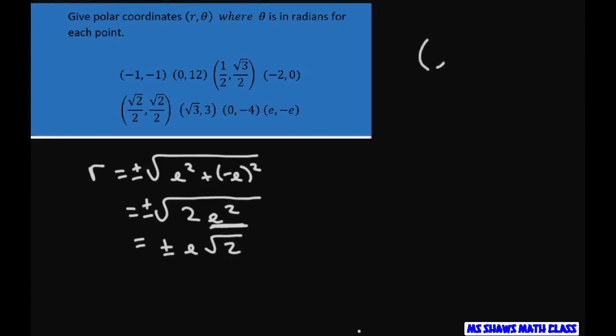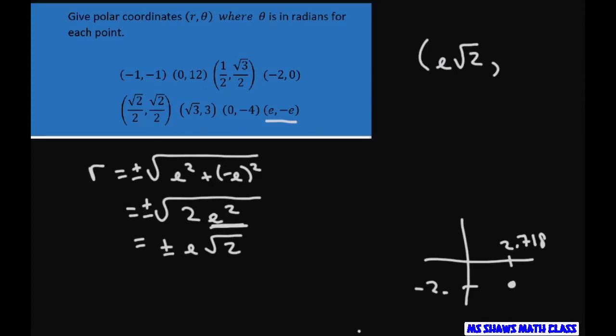We'll take the positive. Also, let's see what this looks like. e is close to 2.718. So it's right about in here. This would be negative 2.718. Right about there. So that's quadrant 4.